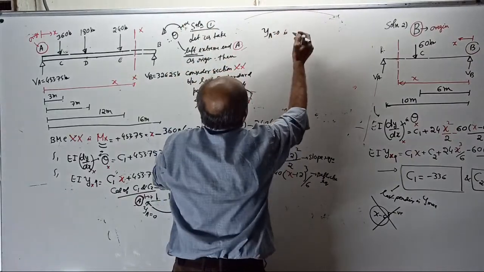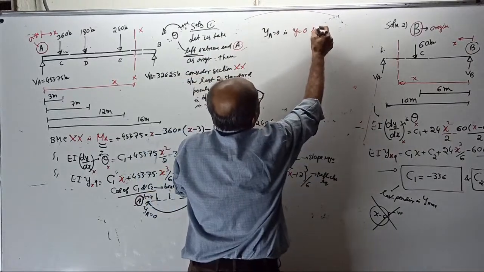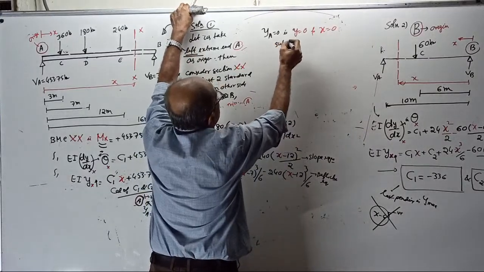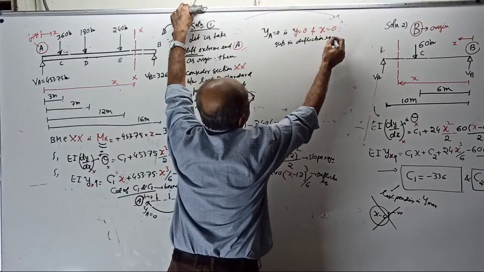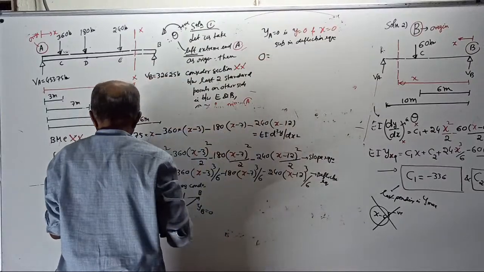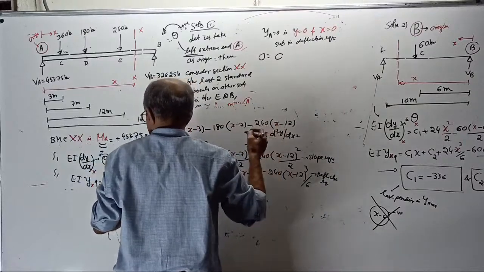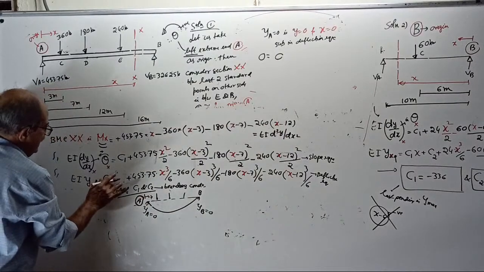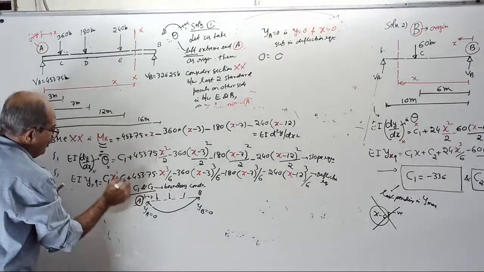That is mathematically your Y becomes 0 for X equal to 0. Then substitute in the deflection equation. 0 equal to C1 into 0, which is 0, plus C2. I forgot C2 only.